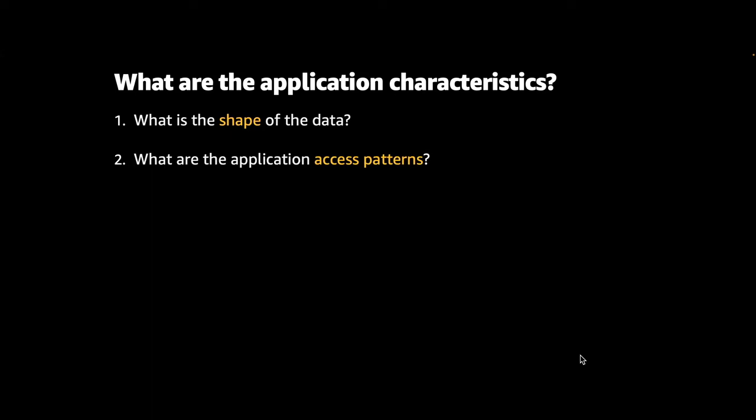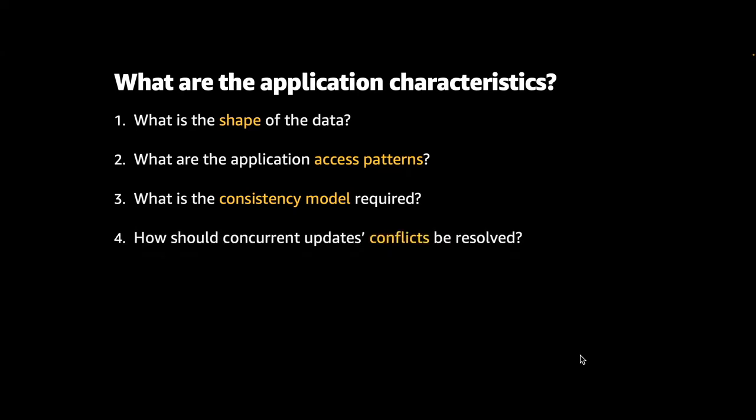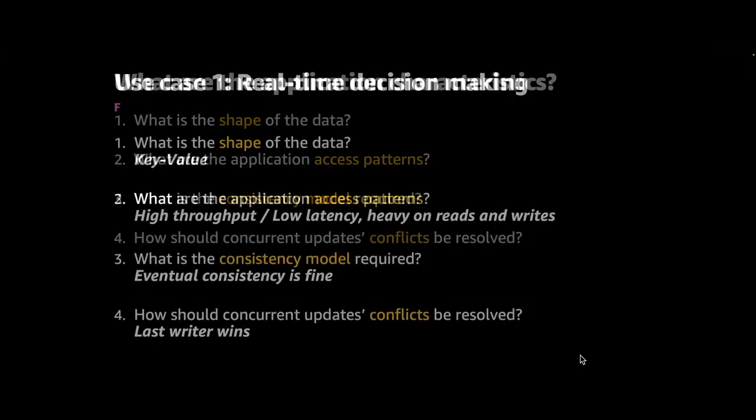Is it high throughput and low latency? Are they heavy on reads or heavy on writes? And what is the consistency model? Do they need full consistency or is eventual consistency enough? In addition to that, how should concurrent update conflicts be resolved? So we need to think about last writer wins versus first writer wins, etc. So we need to determine which would be the scenario in order to determine which one would be the best fit for our case.